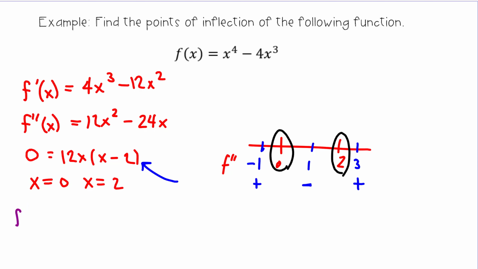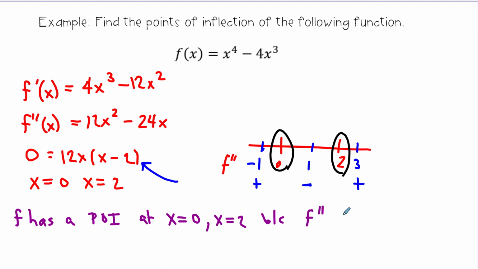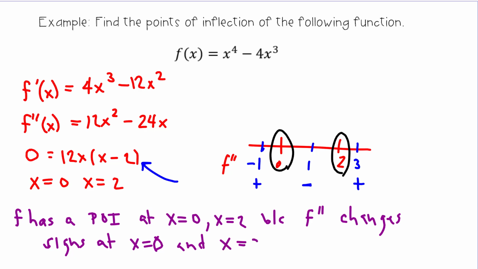So I can say f has a point of inflection at x equals 0 and at x equals 2 because f double prime changes signs at x equals 0 and x equals 2, period.